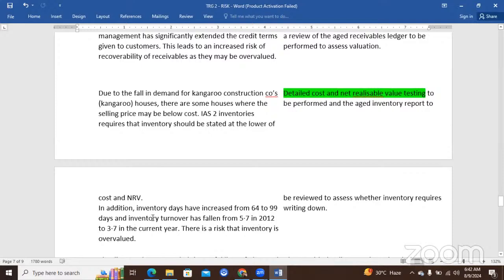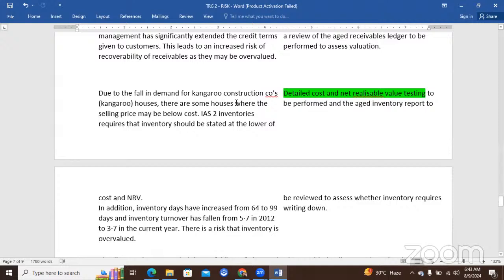In addition, inventory days have increased from 64 days to 99 days. Right, but it shows that inventory is overstated. So what I should do, when there are inventory related problems, NRV issue, is perform a detailed cost and NRV test.